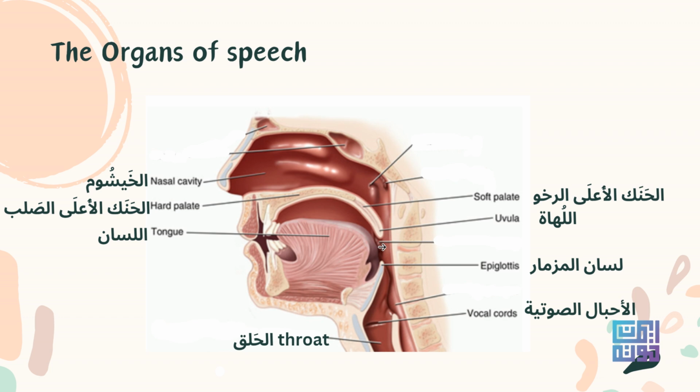And then after that we have the hard palate here. This is the upper palate actually, and it's divided into a hard part and a soft part. We're going to talk about this. This is the tongue here, which is part of the speech organs, of course. And then we have the lips here, the two lips.